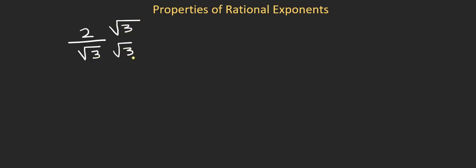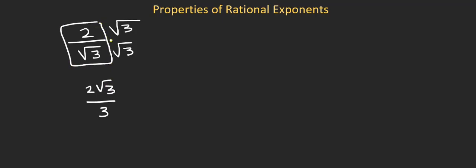So what is radical 3 times radical 3? That's 3. 3 comes out. And 2 times radical 3 is just 2 radical 3. You will notice that 2 over radical 3 is the same thing as 2 radical 3 over 3. You could use your calculator to check that these two are the same.